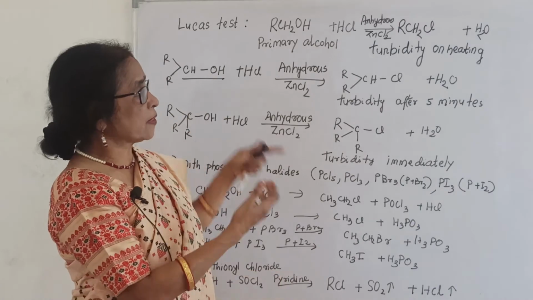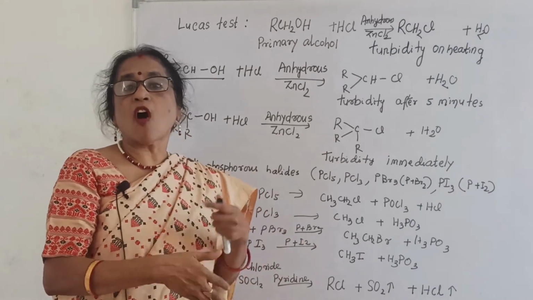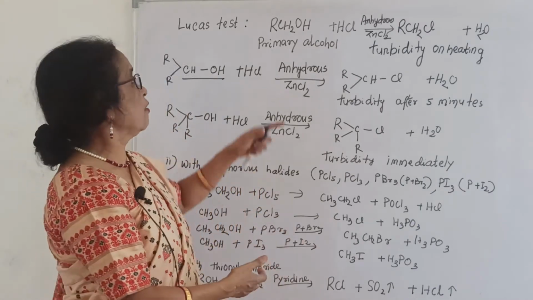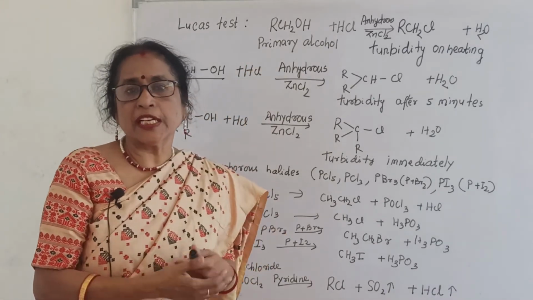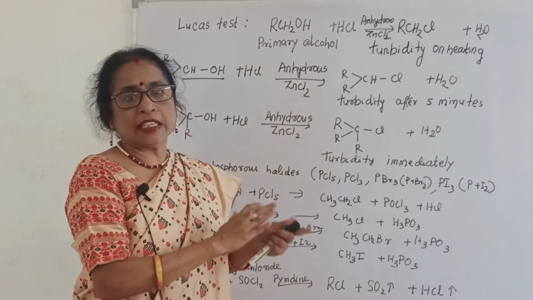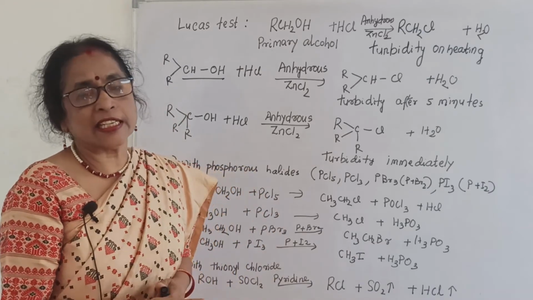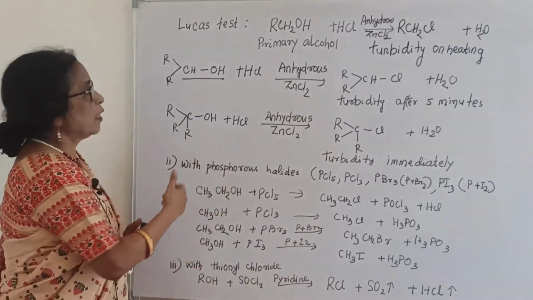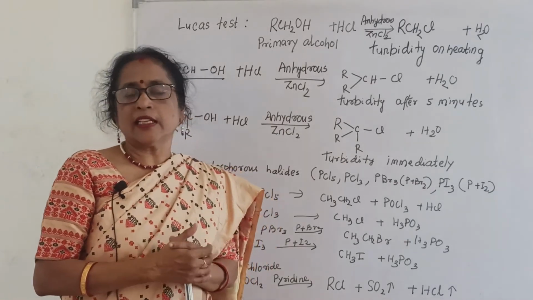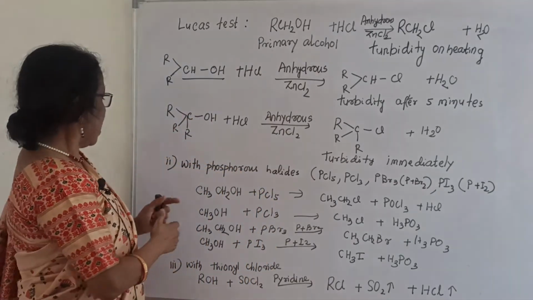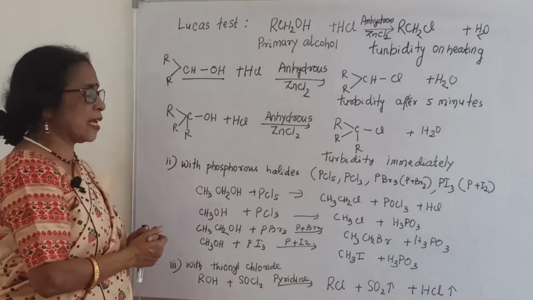If turbidity appears on heating, then you can say this is primary. So one can easily distinguish between primary, secondary and tertiary by treating with hydrochloric acid and zinc chloride, and that is called the Lucas test. Then come to phosphorus halides.